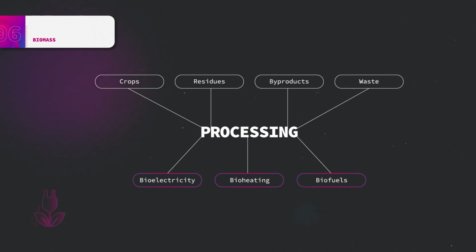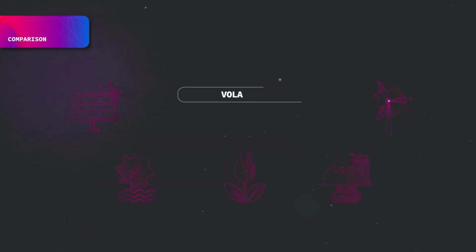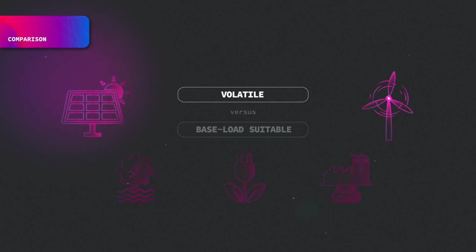To conclude this chapter, different renewable technologies will be compared to each other to find similarities and differences. One characteristic is volatile and baseload suitable generation. Volatile generation, which is subject to more or less predictable fluctuations, is represented by PV and wind energy.